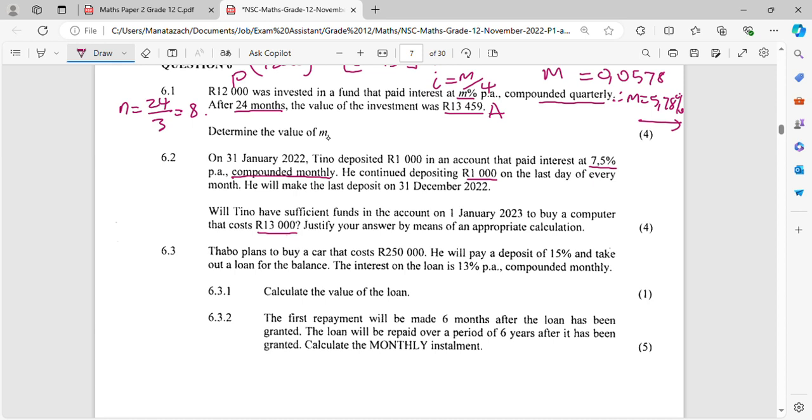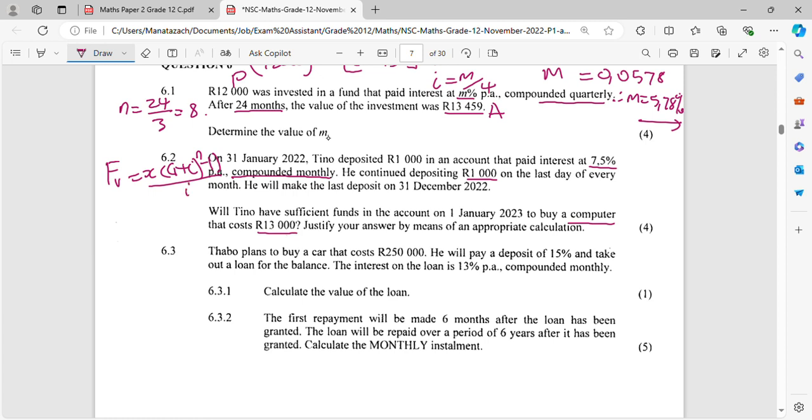So basically, Tino is trying to save to buy the computer at the end of the year, which costs 13,000. Because Tino is trying to save, we're going to be using this formula here for the future value, which is F, is equal to X, which is the monthly contributions from Tino's side, times (1 plus i) exponent n minus 1, close the bracket, divided by i.